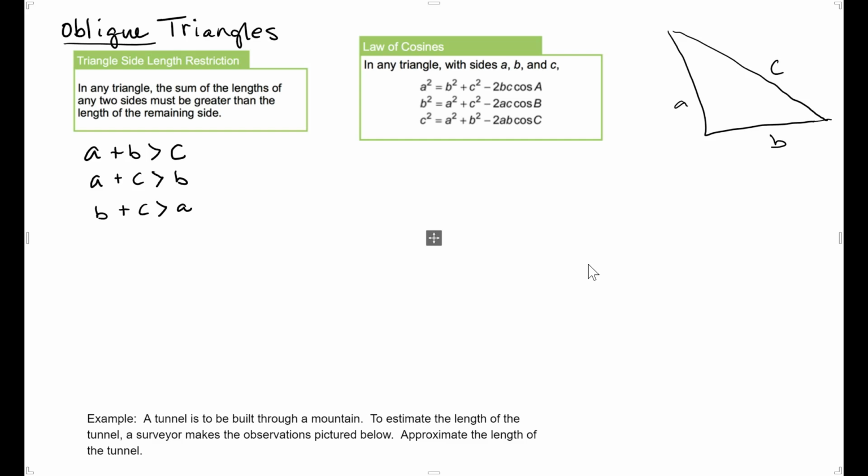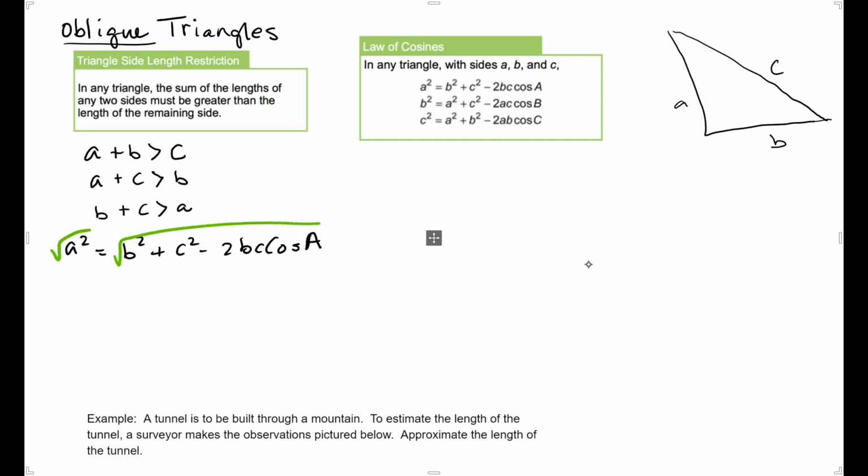So the law of cosines, we're going to take a look at. Suppose I have A squared equals B squared plus C squared minus 2BC cosine of A, and I want to solve for the side length A. Well, what I would do is apply the square root property.